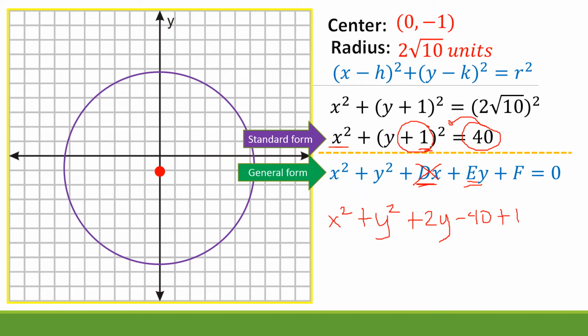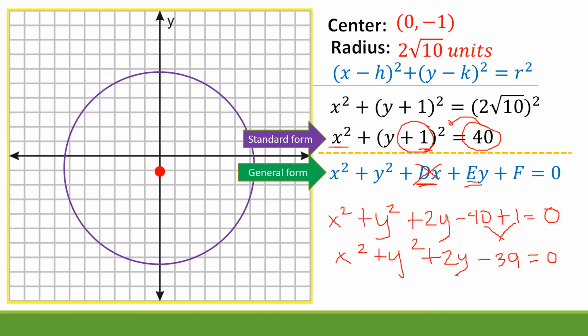So plus 1 equals 0. We only have two constant terms to combine. So -40 plus 1 gives us -39. Therefore, our general form is x squared plus y squared plus 2y minus 39 equals 0.